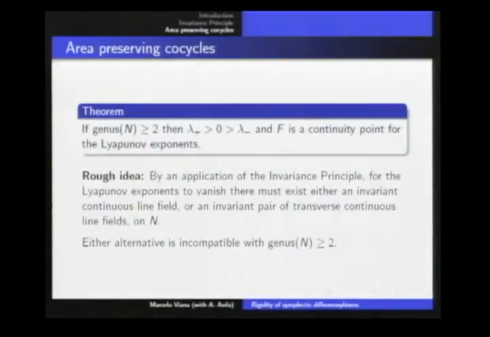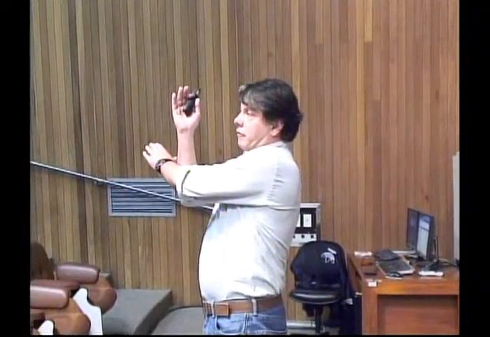Again, if the exponents vanish, then the fibers have a lot of structure. The structure that you construct in this case is either a non-vanishing vector field on the fiber, a vector field without zeros, or in some cases, a field of pairs of vector fields. Again, non-vanishing. Now, either of these 2 structures cannot exist outside of the torus or possibly the Klein bottle. So if the genus is bigger than 1, then this cannot happen.